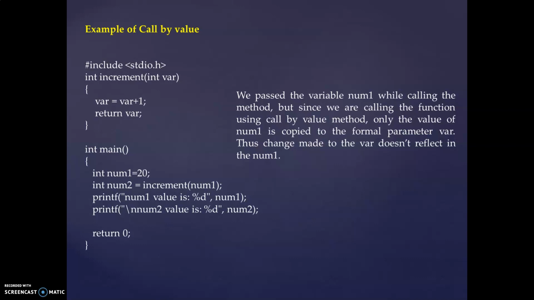function. So in the increment function, I have passed a parameter or an argument which is int var, right? So whenever I am passing a variable inside it, var equals var plus 1. That means the value of the variable var, this is called the formal parameter. The var will automatically increase, since I have written var equal to var plus 1.